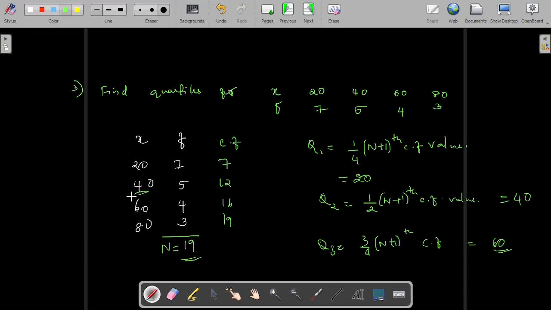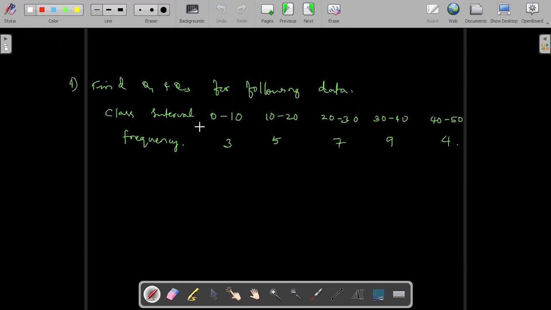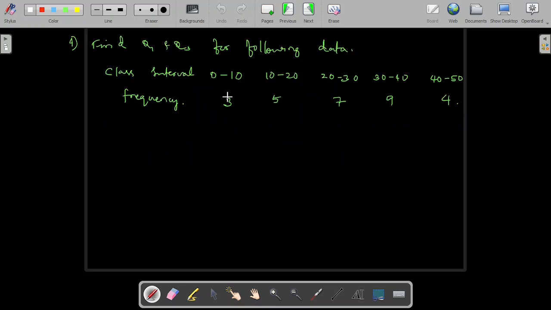Very easy, because 4 data point values are given here. So I have given an example where you have ungrouped data with frequencies. Now find Q1 and Q3 for the following data. Here it is grouped data with frequencies. Class intervals are 0 to 10, 10 to 20, 20 to 30, 30 to 40 and 40 to 50.